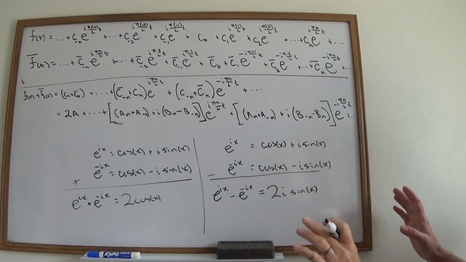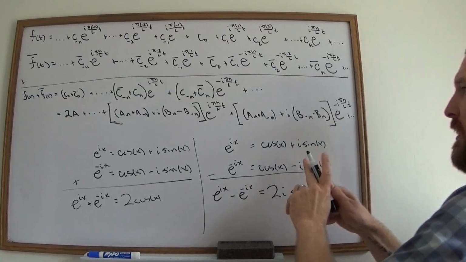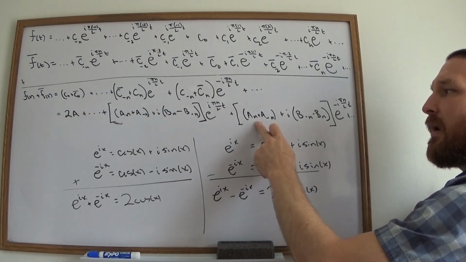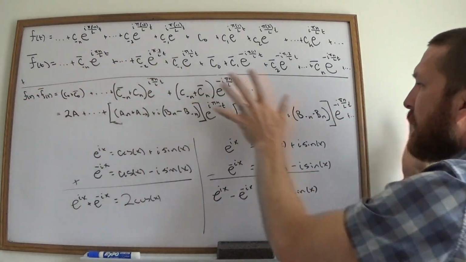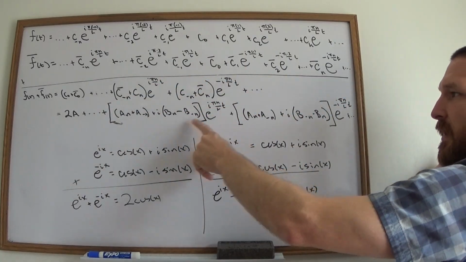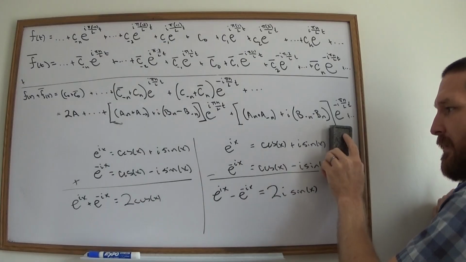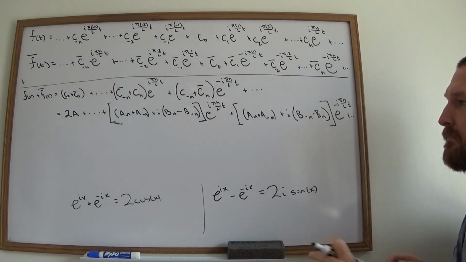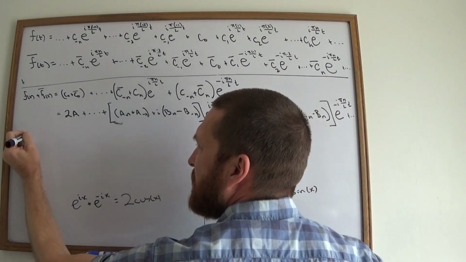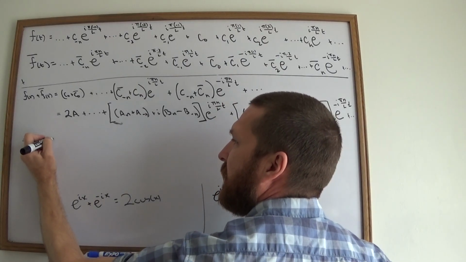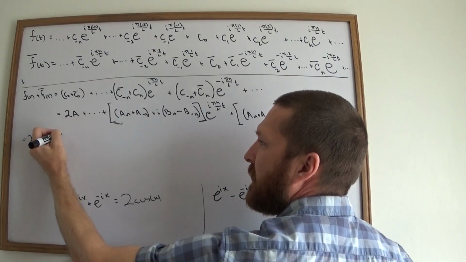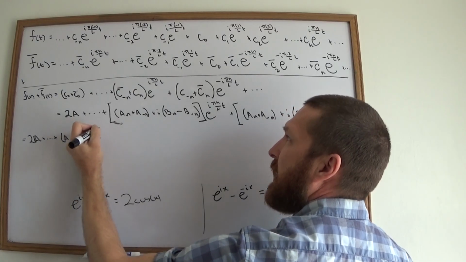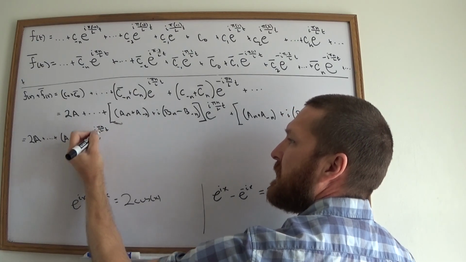Now what I notice here is in each one of these terms, that thing's the same thing as that thing. And so now I'm going to go through this entire sum and regroup all of these things so that I'm going to get all of the a-n's together. Let's not forget that. So this is the same thing as 2a, all of these. Now let's look at this. A n plus a negative n, e to the i pi n over L t.